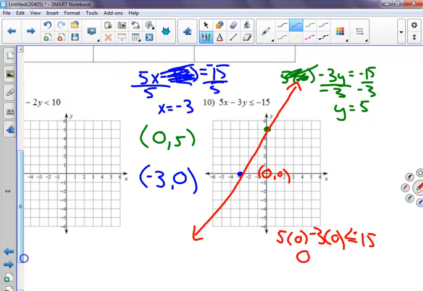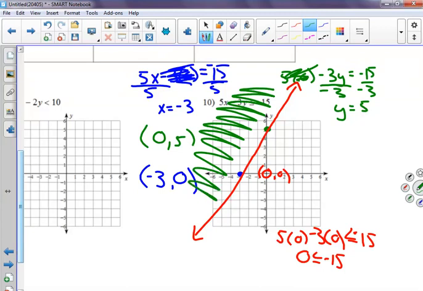So I get 0 is less than or equal to negative 15. Now that is a false statement. 0 is not less than negative 15. It's actually greater, which means I'm going to shade on the other side of the line, because that 0, 0 represents all points on the right side of the line.